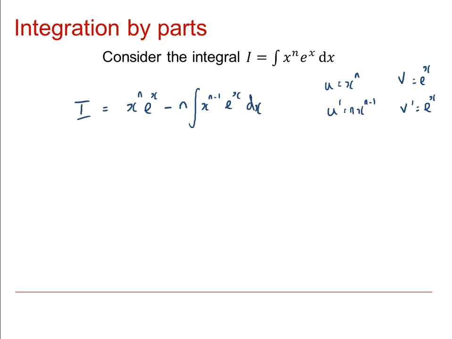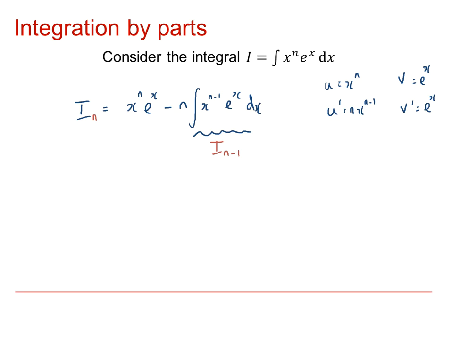Now we can see that the integral that we've got on the right hand side here is similar to the original integral, but it's just that the power has been reduced by 1. So we could call the original integral In, and so this one here would be In minus 1.